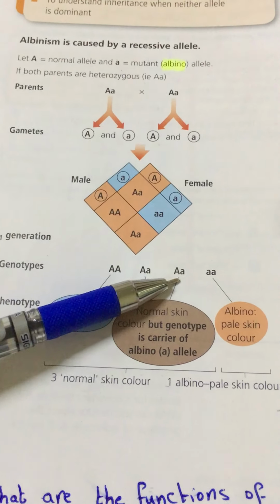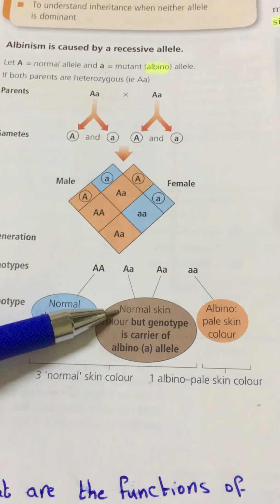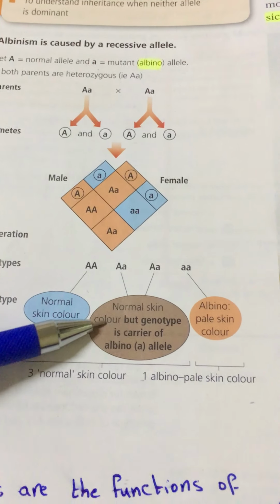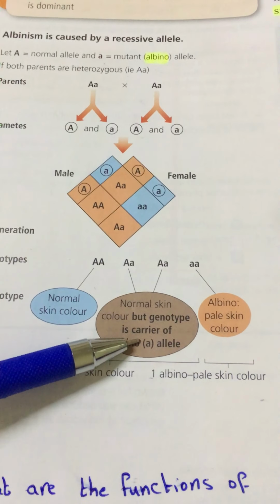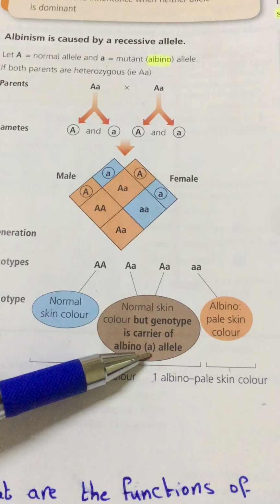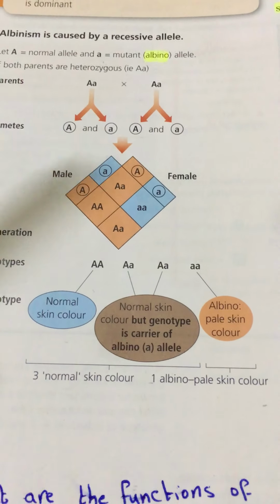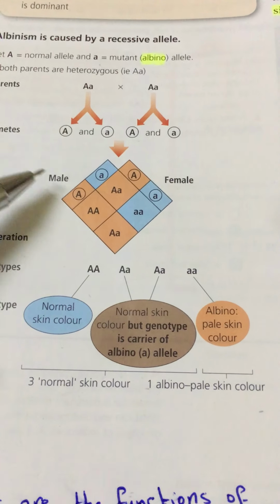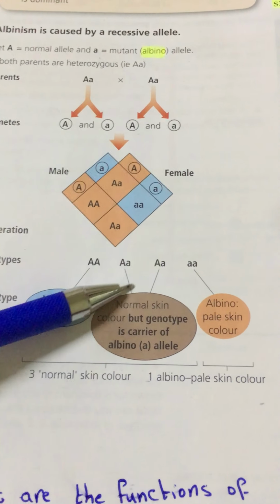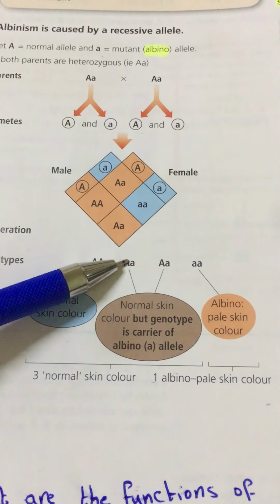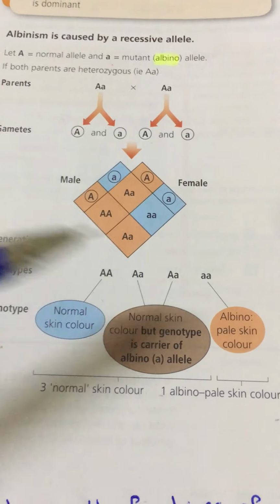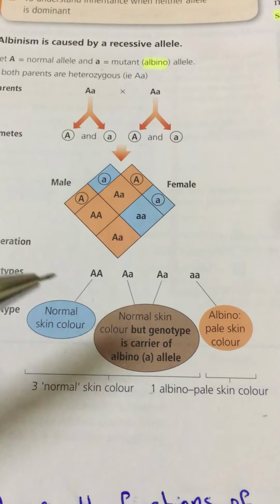And we have two offspring with normal skin color, but their genotype is a carrier of the albino allele. Those offspring carry A small, so they carry the albino allele.